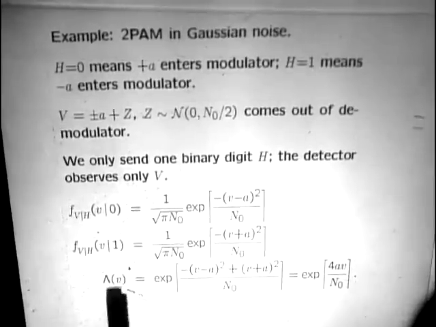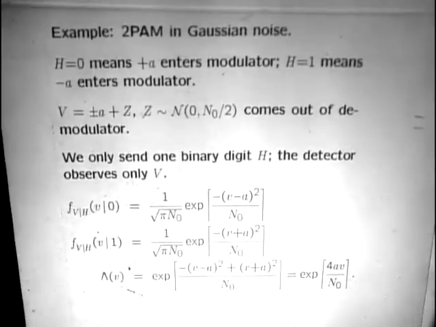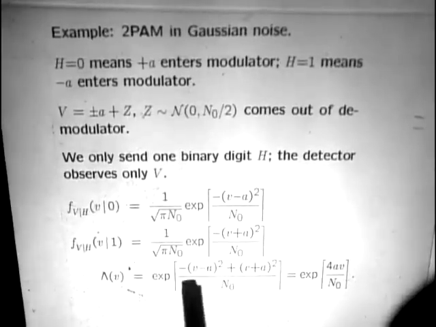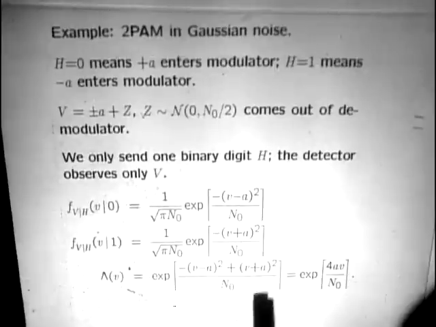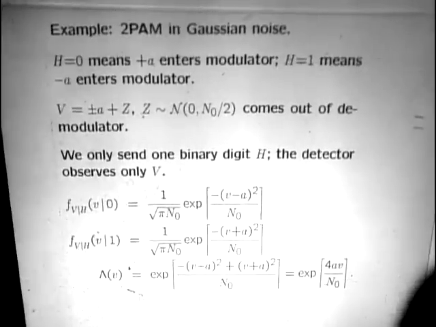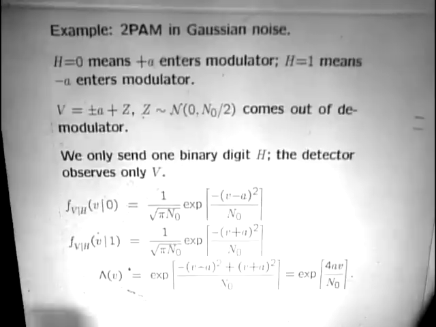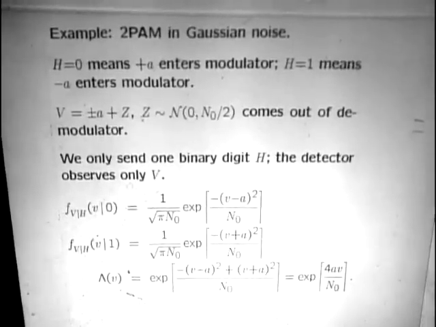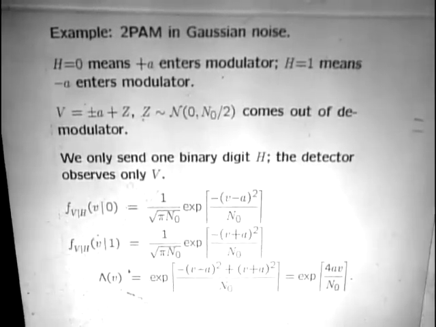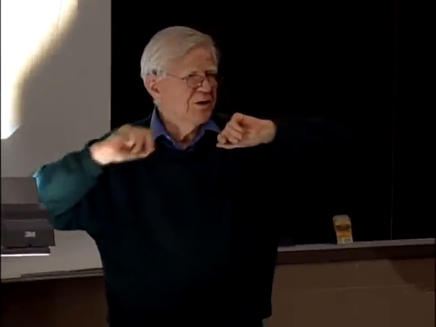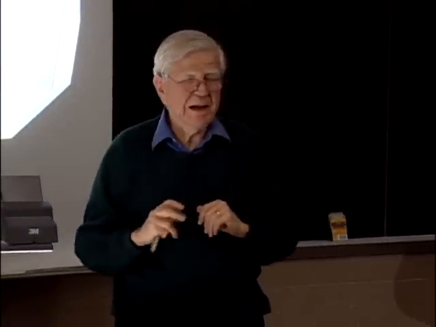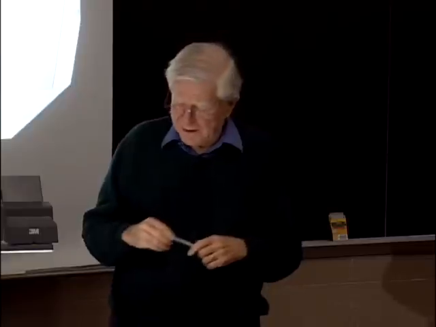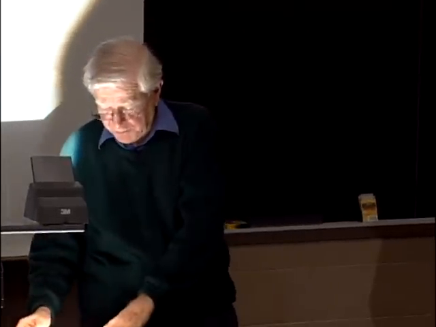So the likelihood ratio, this divided by this, is then e to the minus (v minus a) squared over n0 and (v plus a) squared over n0. Okay, because normally the Gaussian density is something divided by 2 sigma squared, and sigma squared here is n0 over 2, so the 2's cancel out. One nice thing about the notation anyway, you get rid of one factor of 2 in it.